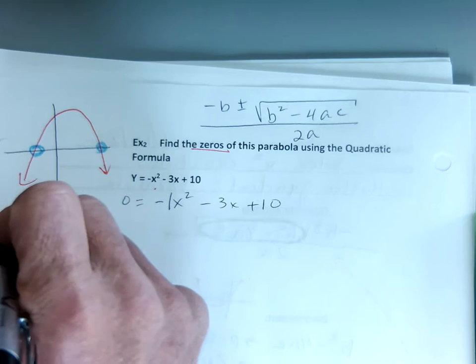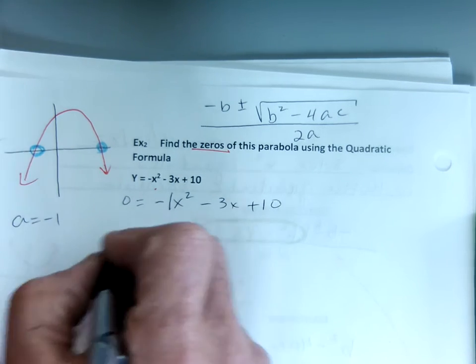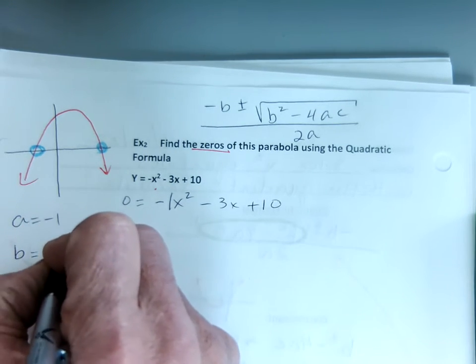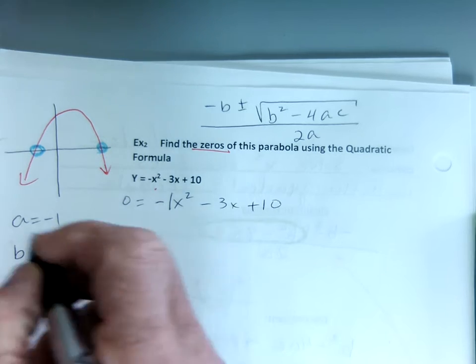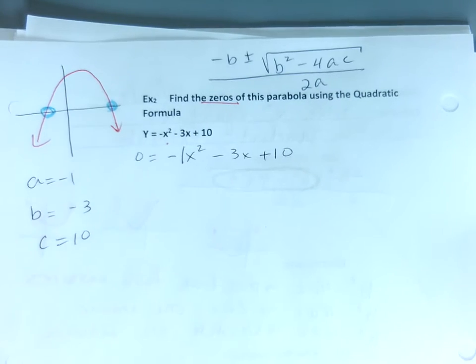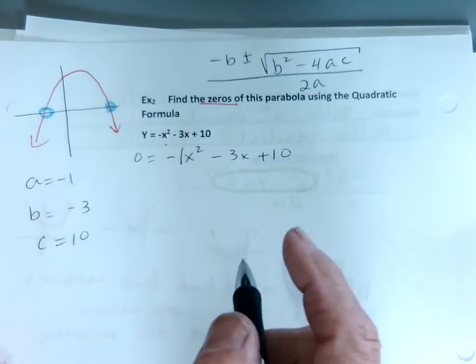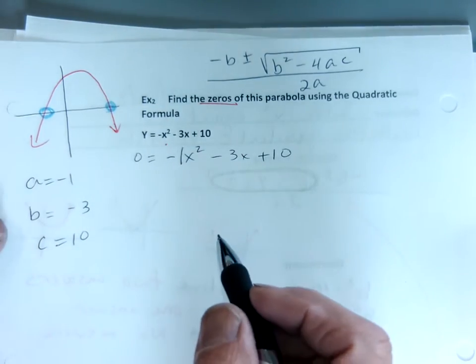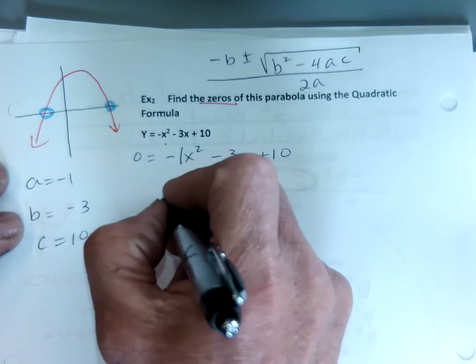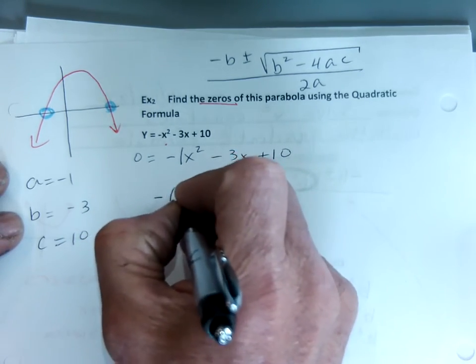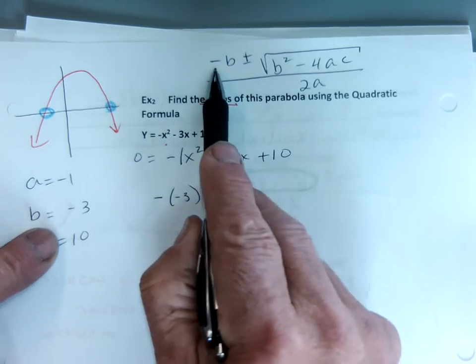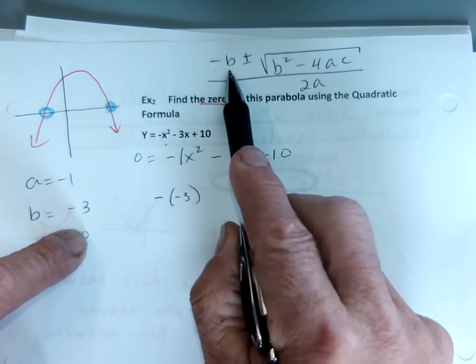I know my a is negative 1, my b is negative 3, and my c is 10. So I'm just going to take these numbers and plug them in. So negative b: I'm going to have a negative 3. I get a double negative because I've got a negative in the formula and b is negative 3.